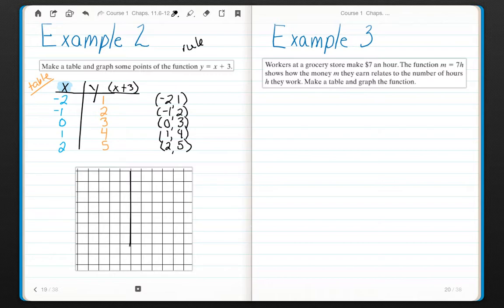There are certain things that your graphs have to have. Your x and your y axes both have to have arrows on the ends. Now my x-axis, I'm going from negative 2 to positive 2 and from 1 to 5.